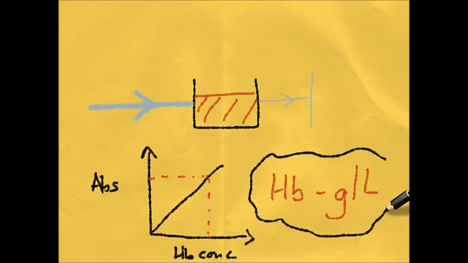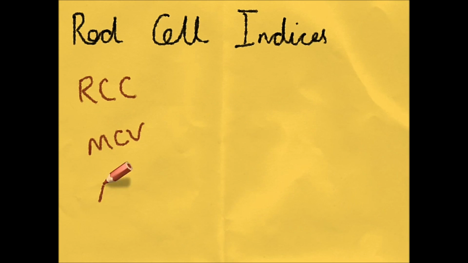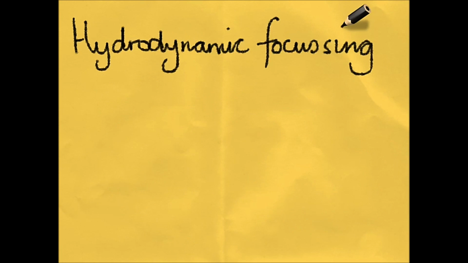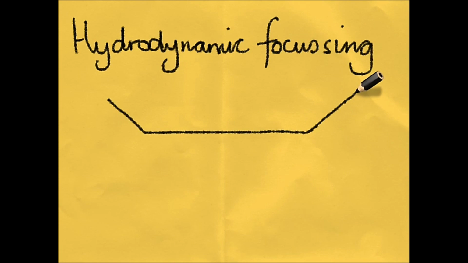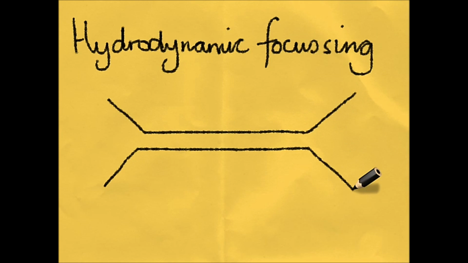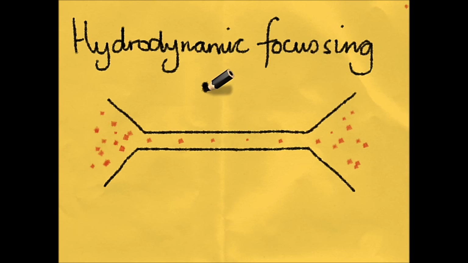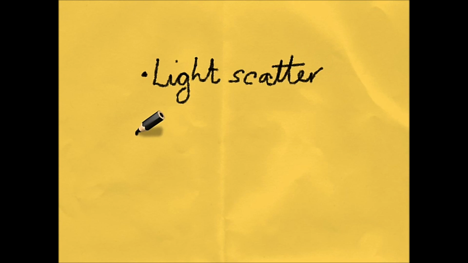For information about individual cells, analysers use a process called hydrodynamic focusing to make a single stream of cells, one cell thick. The single stream is then passed through either a beam of light or an electrical current. And so as each cell passes by, either the light will be scattered or the current will be impeded, and this can be measured.